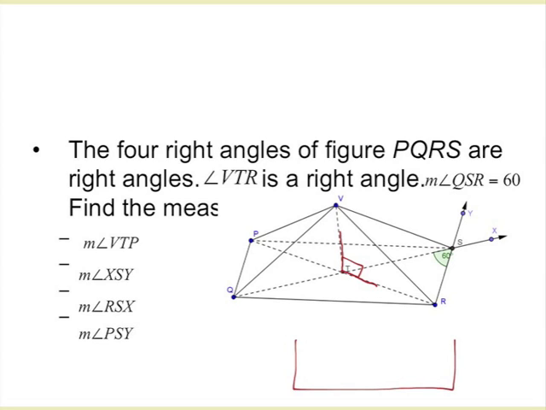Sometimes it helps to redraw it as if you're looking onto the top of it. So PQRS should be a rectangle. Point V would be floating right above it. Point T would be there as well, because if I'm looking straight down, V is going to be right on top of point T. Then I've got this diagonal that's coming across and actually comes out to make point X. And RS continues to make point Y. And we are given QSR is 60.